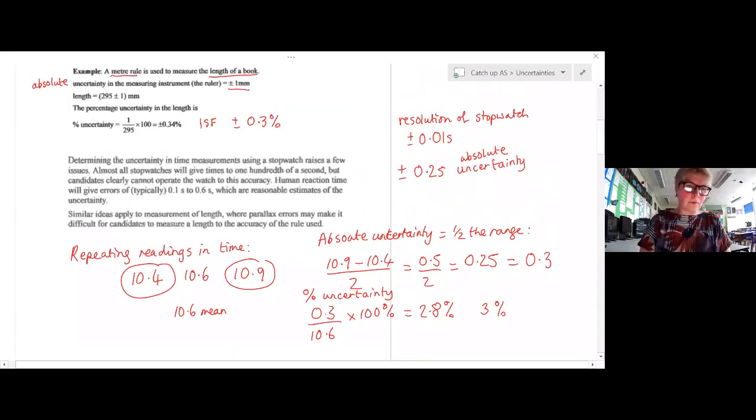Now, if you have, for example, up here, the length, and it was 295, and the next one you did was 295, and the next one you did was 295, then you've got 0 range. So you would have to resort back to the resolution of 1 millimeter, okay? And it doesn't matter if you do it plus or minus in centimeters, 0.1 centimeter, as long as you then divide it by 29.5 centimeters, that this is in centimeters and this is in centimeters, before you times it by 100%.